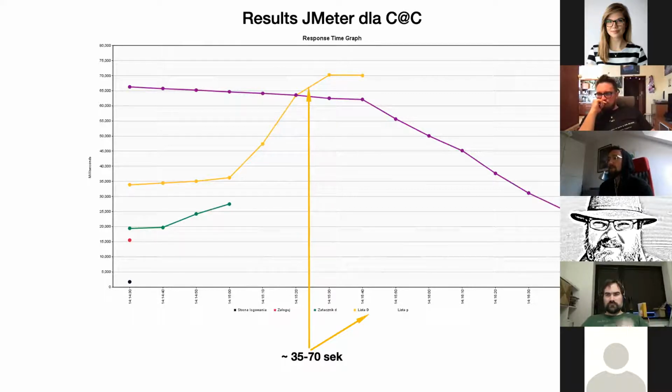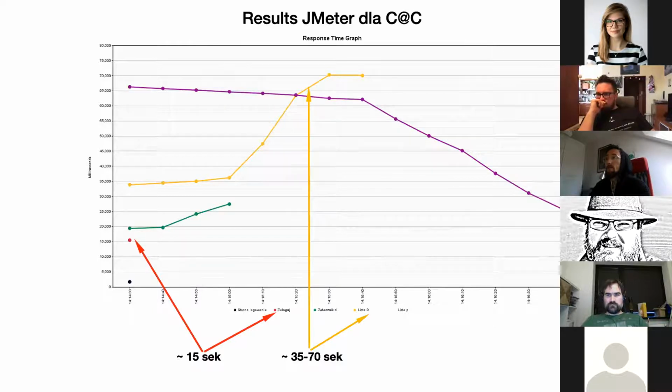On Exadata CC, the first task took from 35 to 70 seconds. And logons, just basically logging into the Exadata CC, took about 15 seconds. So it's about 7.5 times longer on Exadata CC.